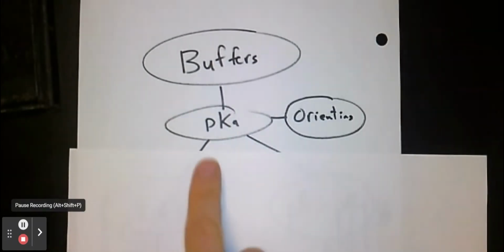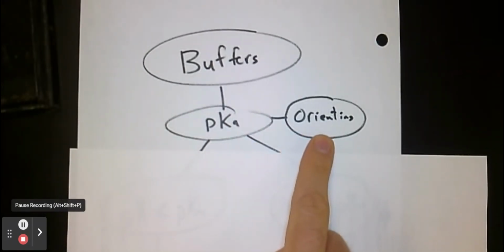Now that we understand where the value comes from, the next thing is, what does the value do for us? The pKa for a weak acid is a 50% mixture of it and its conjugate base, and vice versa for a weak base. It gives us power over that buffer solution and allows us to use that value to orient ourselves with the buffer, and I'll explain right now. So, a buffer's got a pKa. I want you to think of it like an orientation thing, something you use to orient yourself.